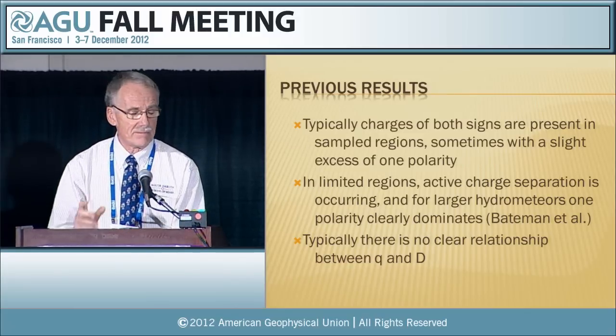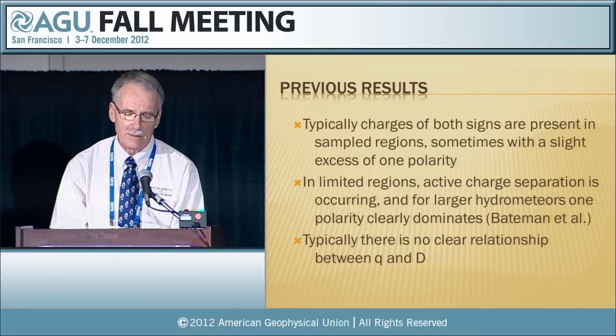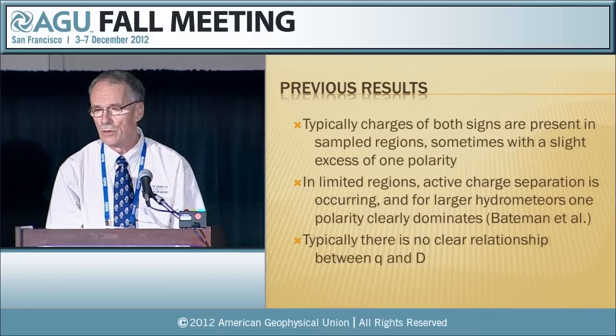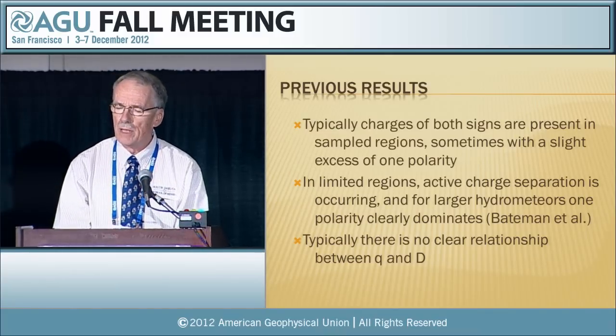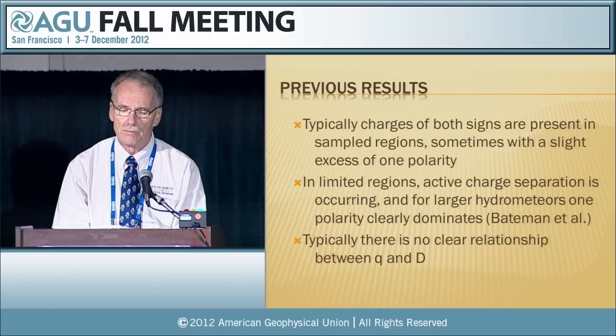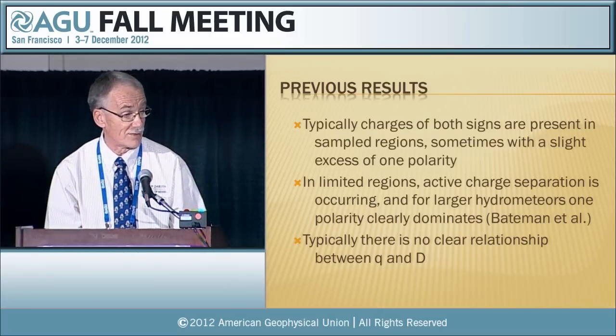The other typical relationship for the probes that can determine both size and charge is that usually there is no correlation between size and charge, although from the collision-based mechanisms you might expect large particles to have more charge and smaller particles less.